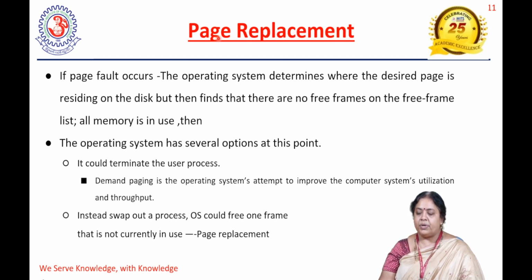Page replacement means the page that is not in use will be replaced with the new page. Instead of swapping out a process, the operating system frees one frame that is not currently in use. That we call page replacement.